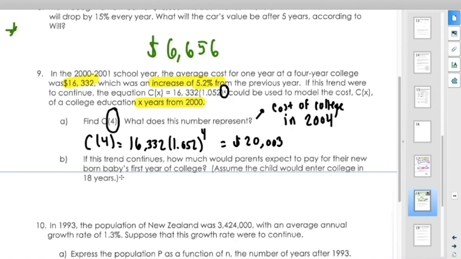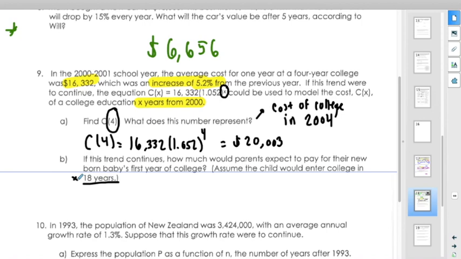And then part B, if this trend continues, how much would parents expect to pay for their newborn baby's first year of college? Assume the child would enter college in 18 years. Okay, this is another easy one. 18 years, that's your x. x is always time.